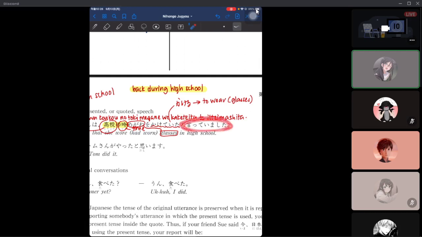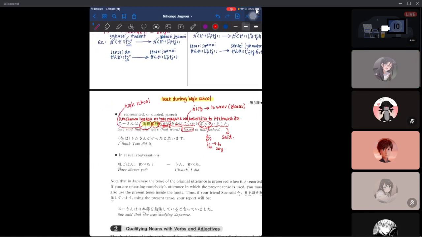と言っていました, which we've learned previously, is something a person said back then. 言って comes from the verb which means to say or speak, so 言っていました means said.